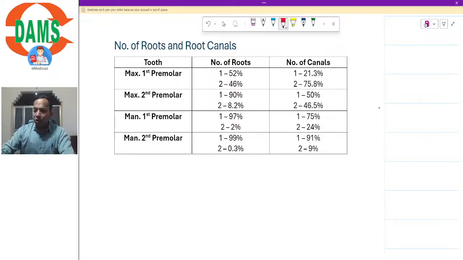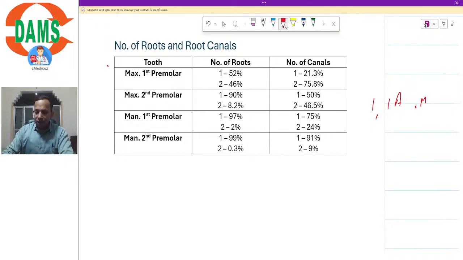Usually they'll take one premolar, one anterior, maybe a molar, and jumble up the options. So if you know which teeth usually have a bifurcated root or a bifurcated canal, then you can better compare it, right?